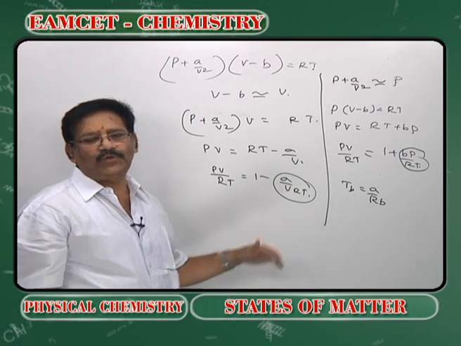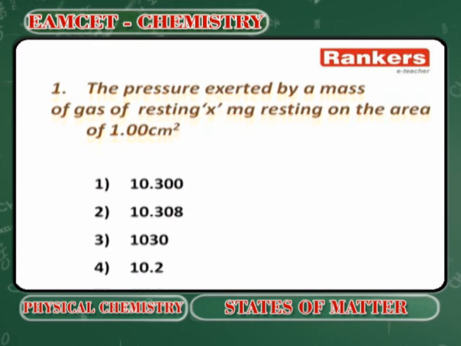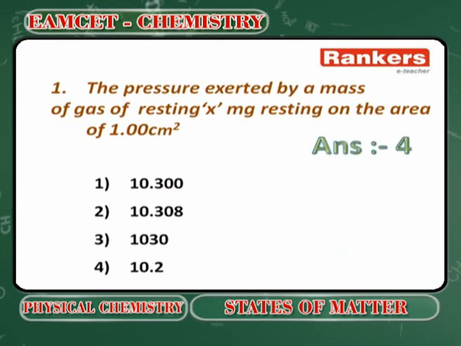Now we will see some questions. The question should be read as: the pressure exerted by mass of x g of the gas resting on a surface of 1 square centimeter is 1 Pascal unit.